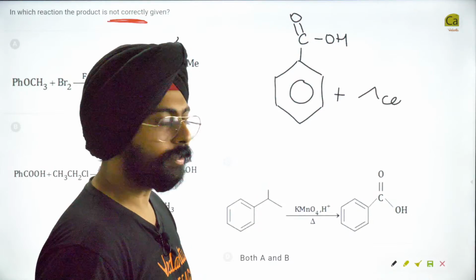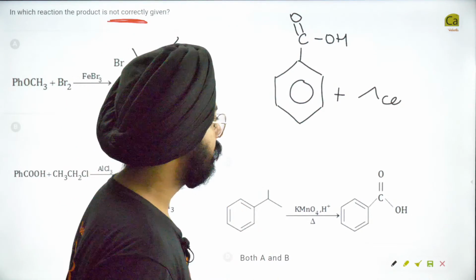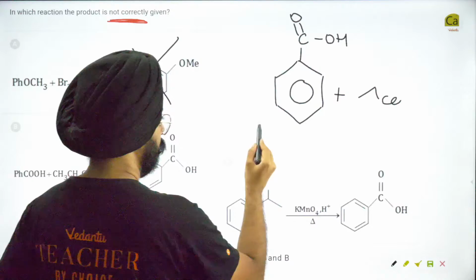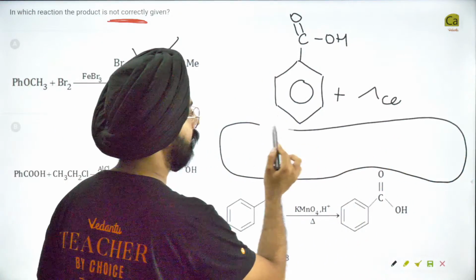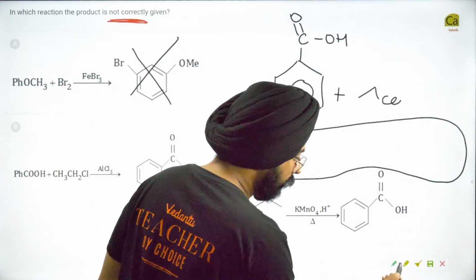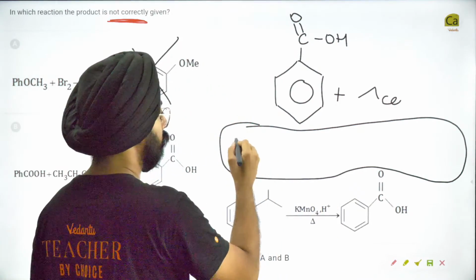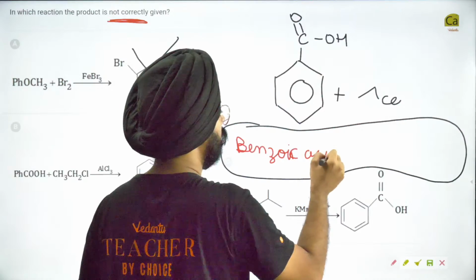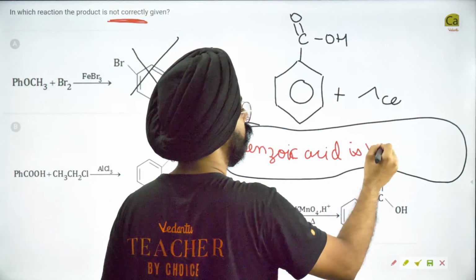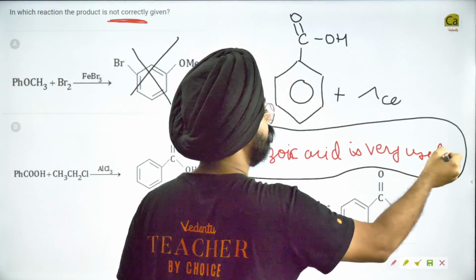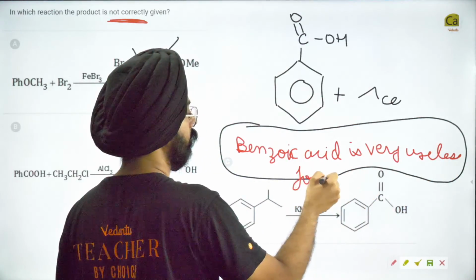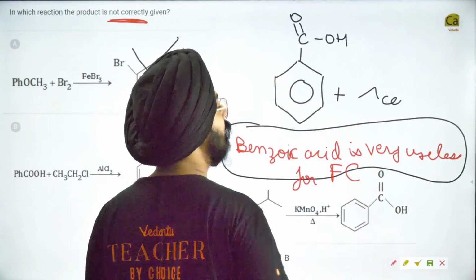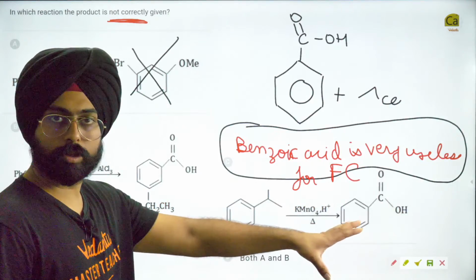My dear friends, Friedel-Crafts alkylation over here is not possible. This is a statement that you should remember. It is given in books. I'll tell you the reason as well. Benzoic acid is very useless for Friedel-Crafts reaction.